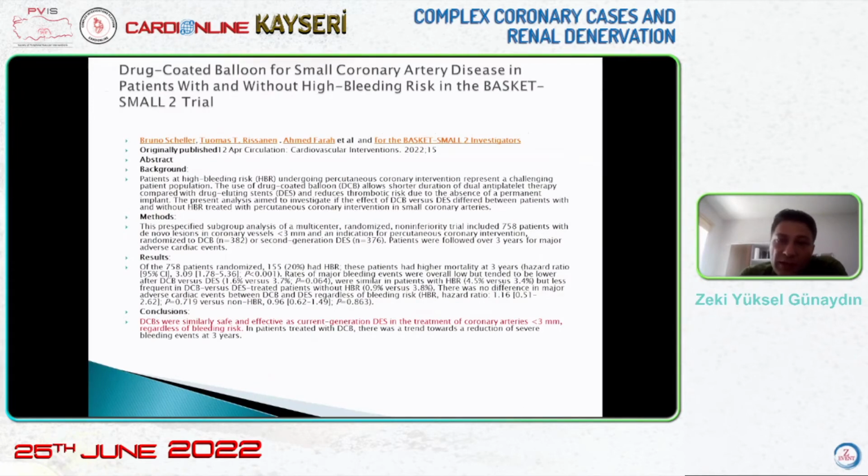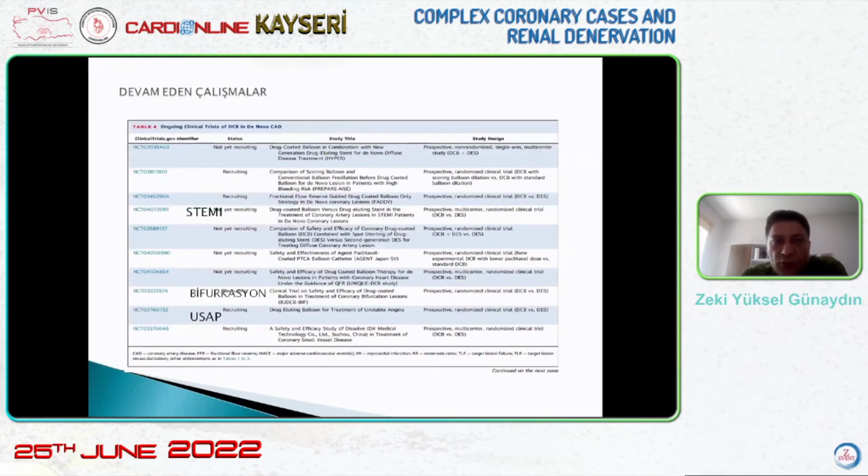Again, for small vessels, especially under 3 millimeters, drug-coated balloons are said to be safe and as efficient as stents, which was published in 2022.